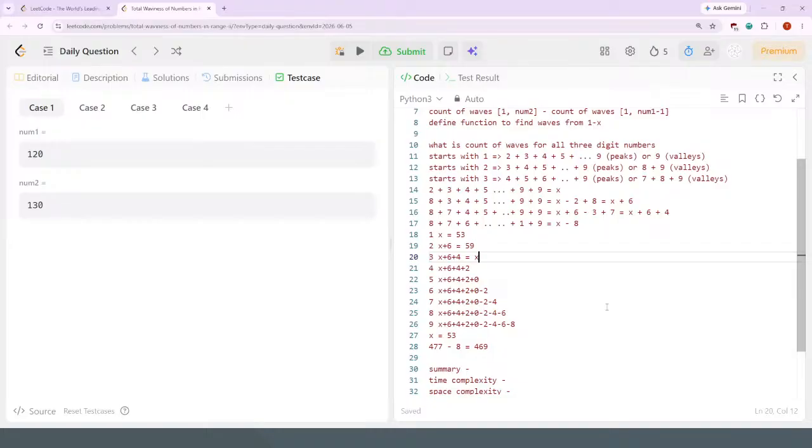I guess it'd be 59 plus 4, 63. 65. 65. 63. 59. I guess it's symmetric, right? 53 and 45.